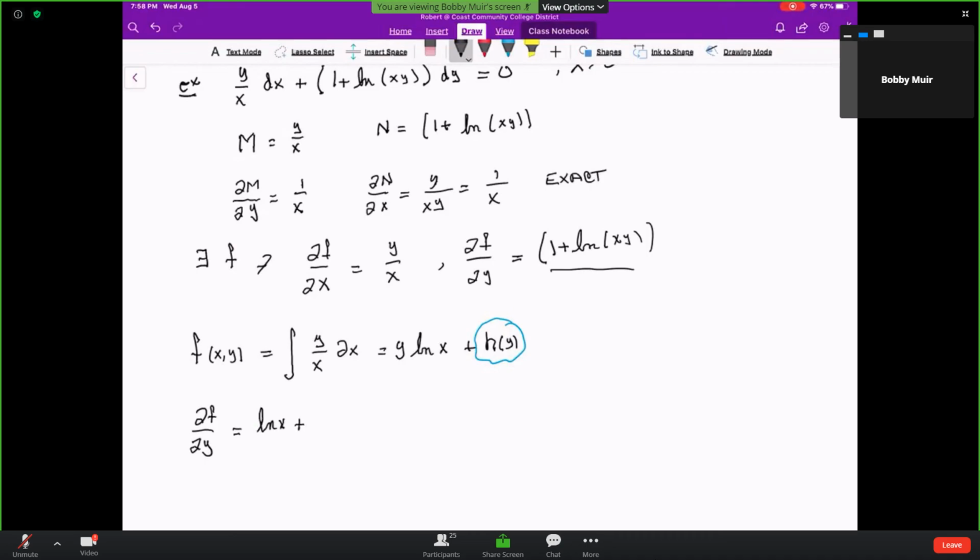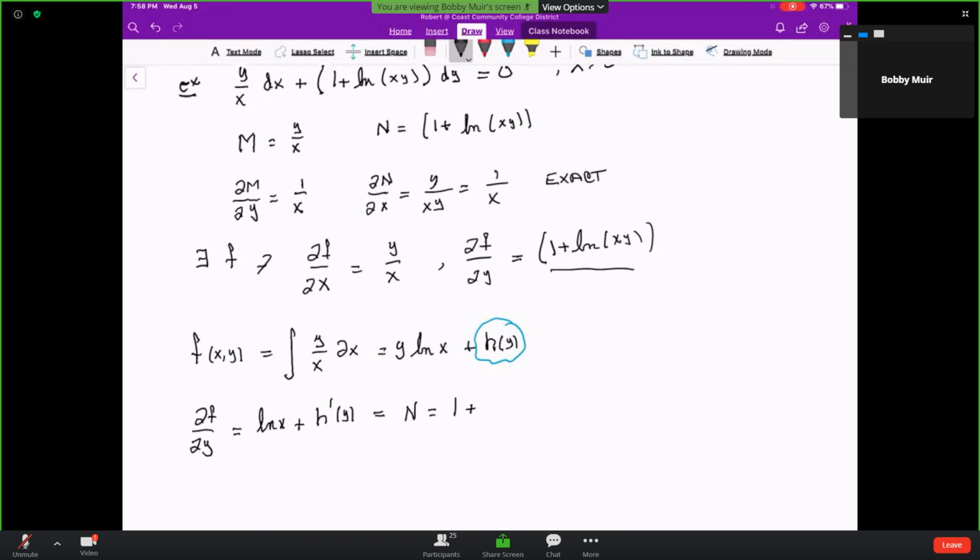Oh, I see what it is. Plus h prime of y. This has to be the n. Okay. Now the whole problem here is to find the h prime of y.